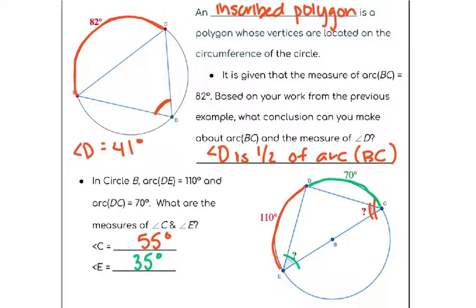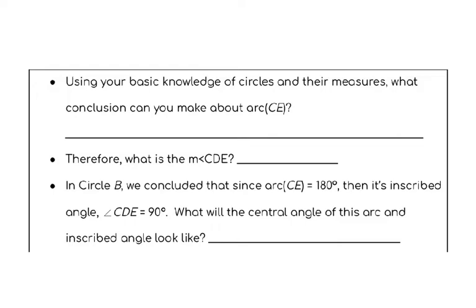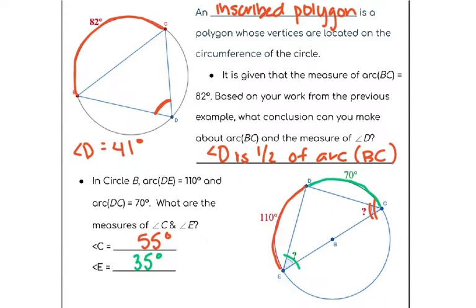Now, let's think about this just a little bit further. Using your knowledge of circles and their measures, what conclusion could you make about arc CE? We're talking about CE, which is here. What conclusion can we make if we already know that this arc is 110 and this arc is 70?